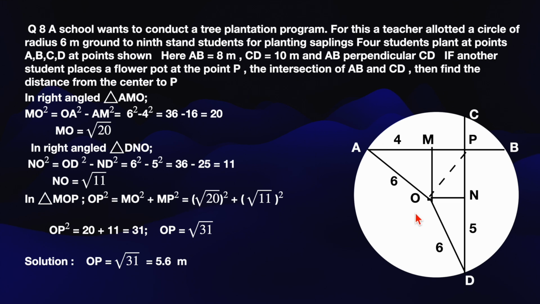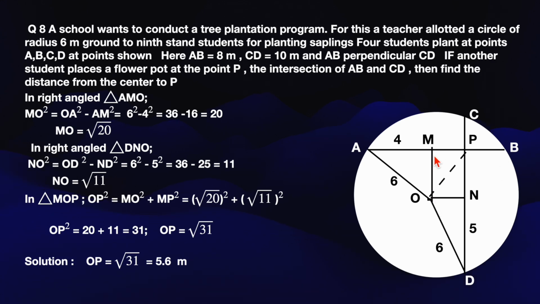Okay, so you have drawn this diagram on the basis of all these statements. Here we can see this is the radius of the circle, and these are the two lines which intersect at 90 degrees. Now let us draw a perpendicular line to this.